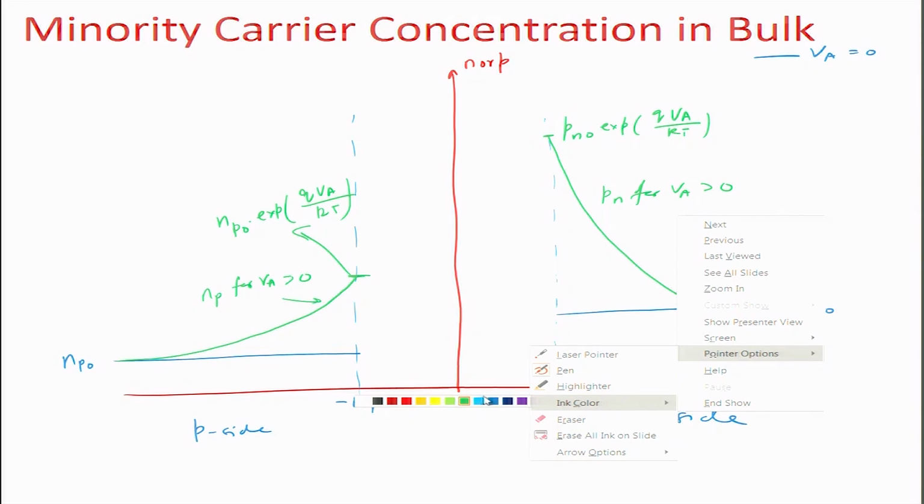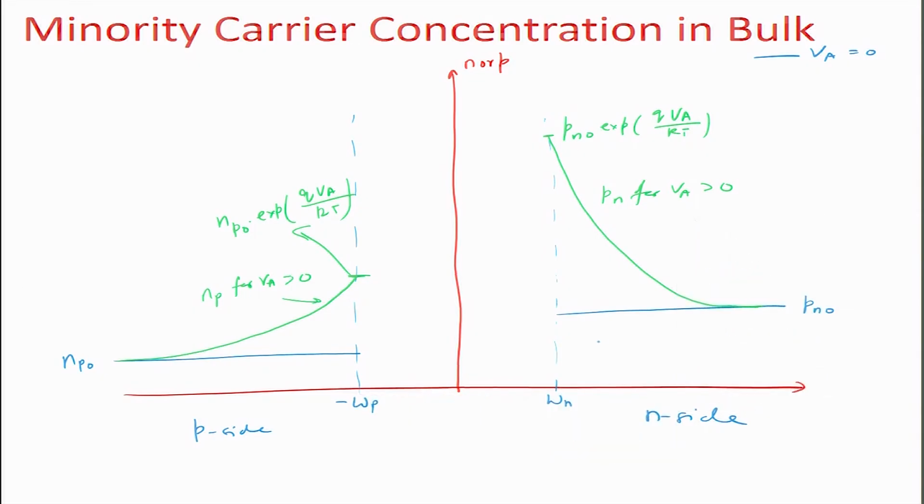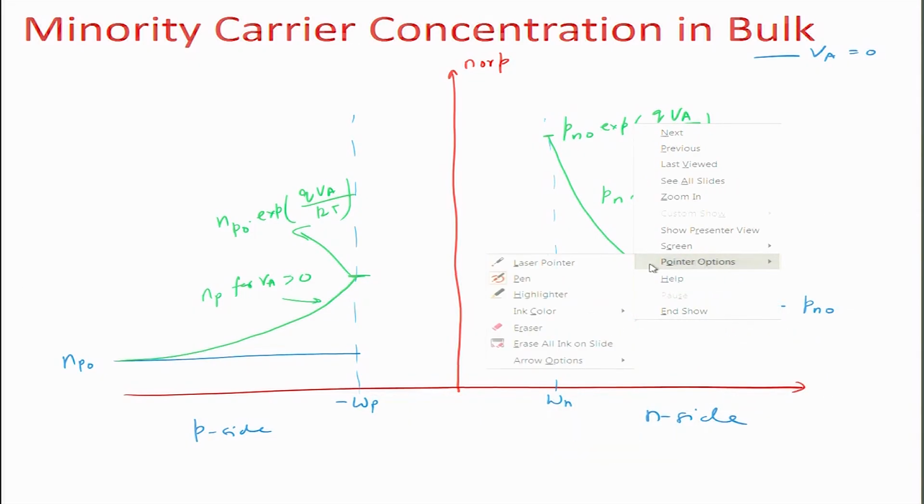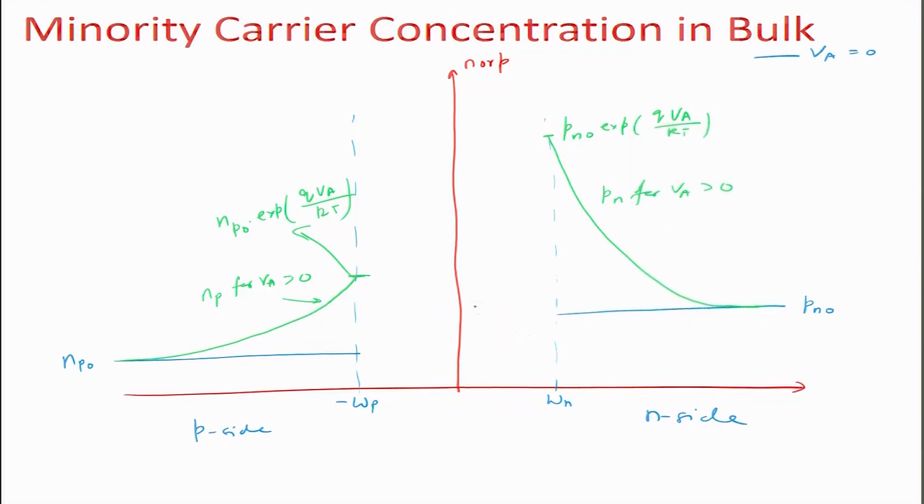And if I now use a purple color for the negative bias, this will go as something like that on both sides. This would be the behavior for the negative bias. It will eventually go to very close to 0. So this would be for Va smaller than 0.